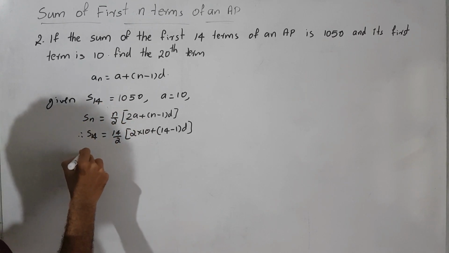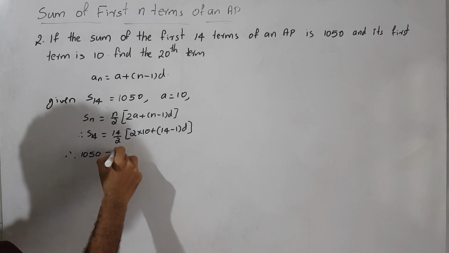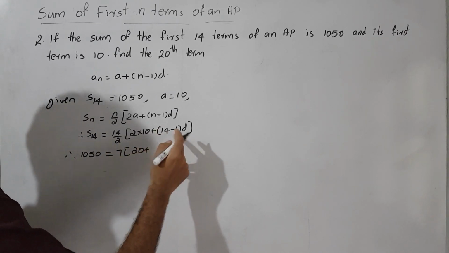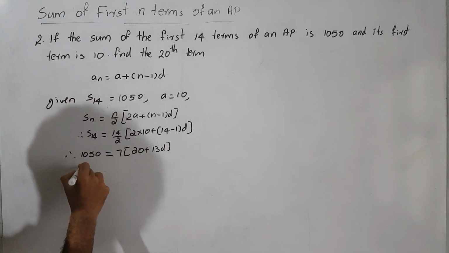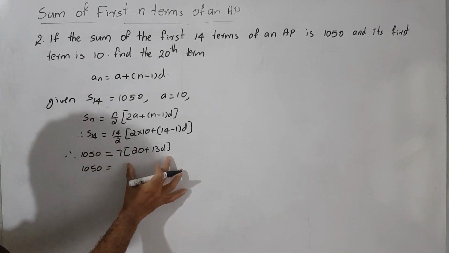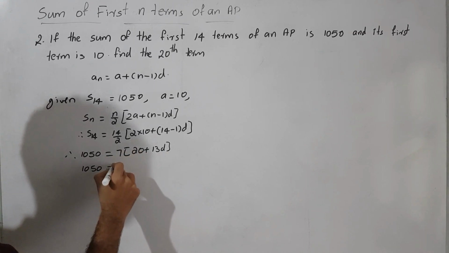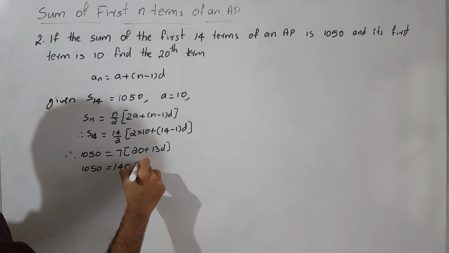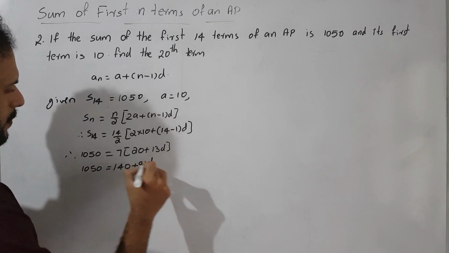We know the value of S14, what is it? 1050. Then 1050 is equal to 7 into 20 plus 13d. Here it is not possible to add 20 and 13d, so we expand the bracket. Then what do we get? 140 plus 91d, correct?